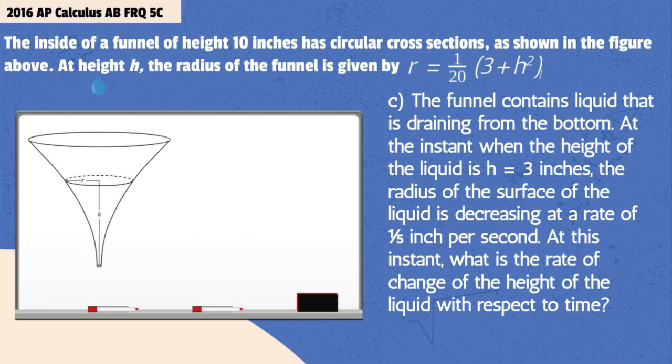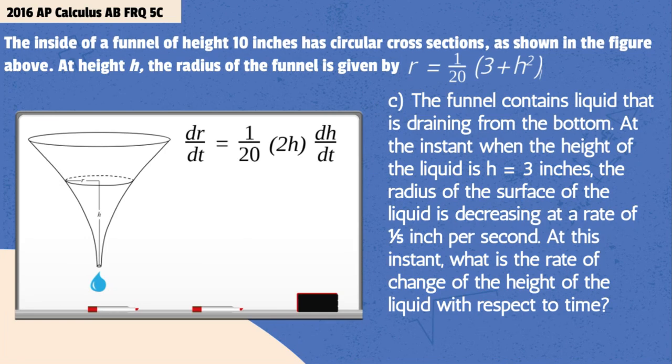On our picture, we can see that the funnel is draining liquid. What exactly do we need to do to solve this problem? Well, we know we have to take a derivative, and we're given the equation for the radius. So we need to take the derivative of the radius with respect to time. Taking the derivative of both sides will get you dr/dt equals 1/20 times 2h times dh/dt by using the chain rule.